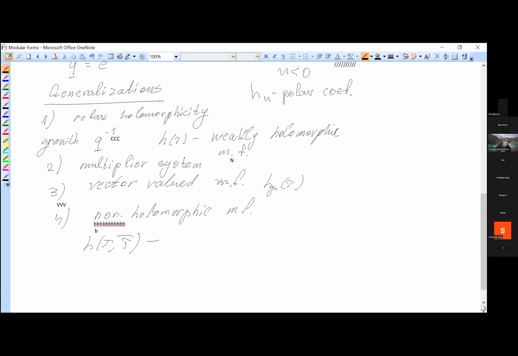And then in the transformation, we transform both tau and tau bar in the same way.